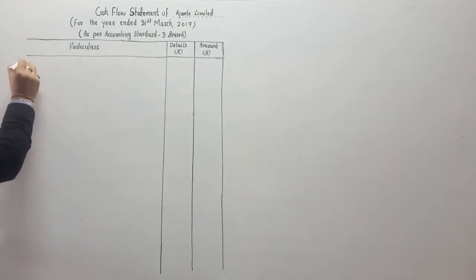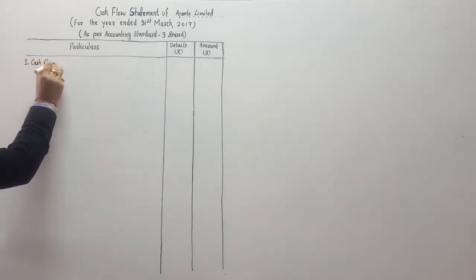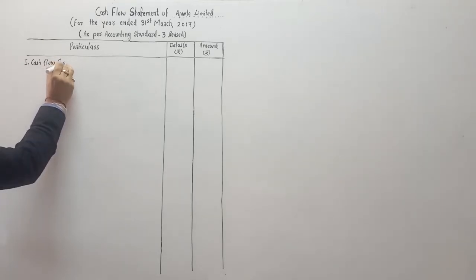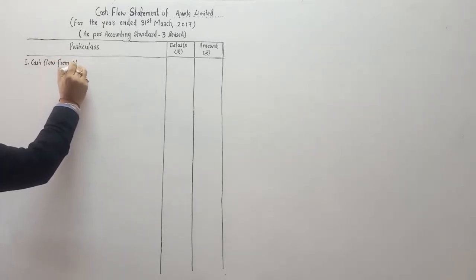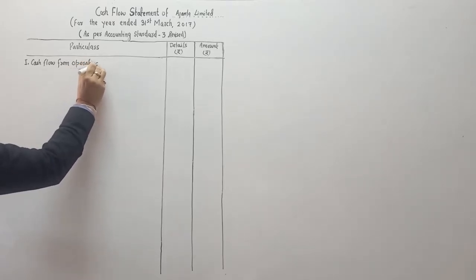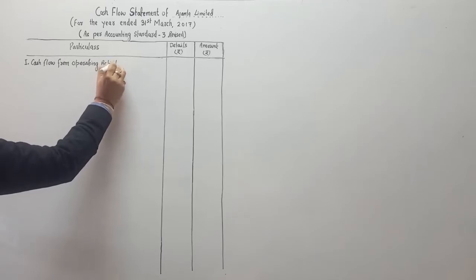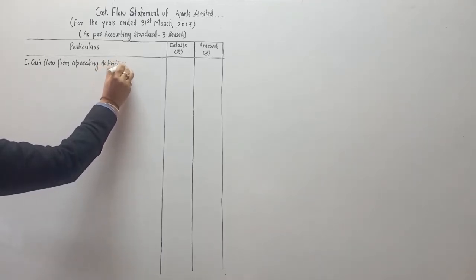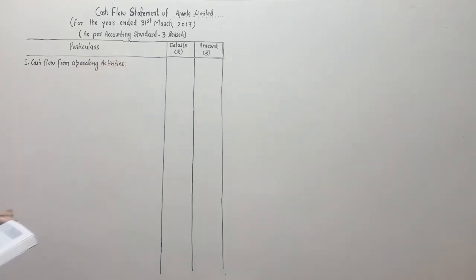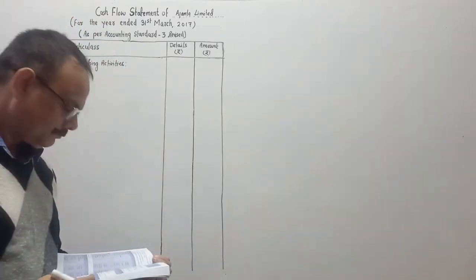So first one, you write, cash flow from operating activities. This is the first activity, operating activities, number 1. Under that we will see the profit.